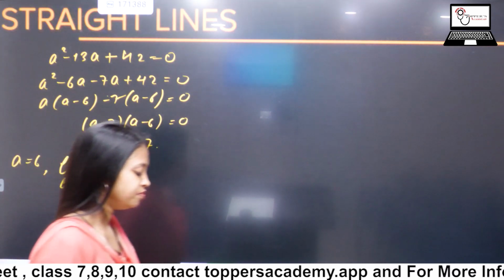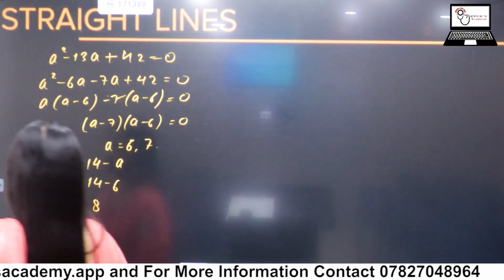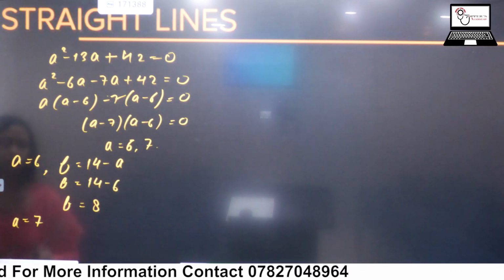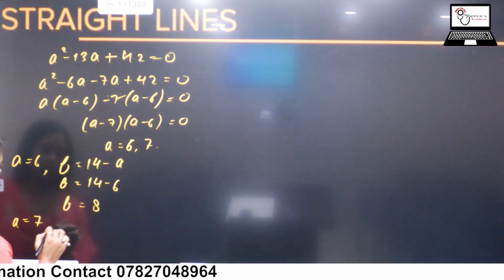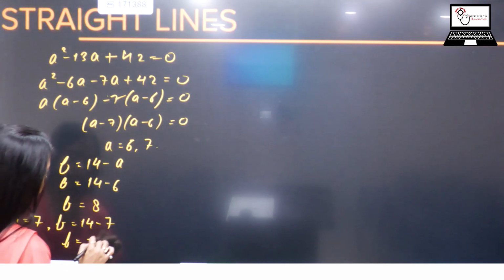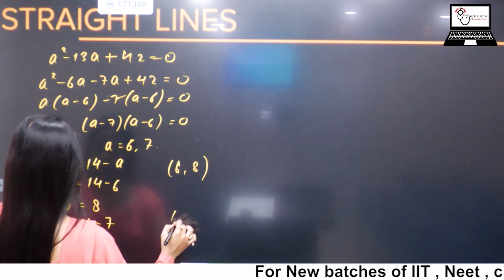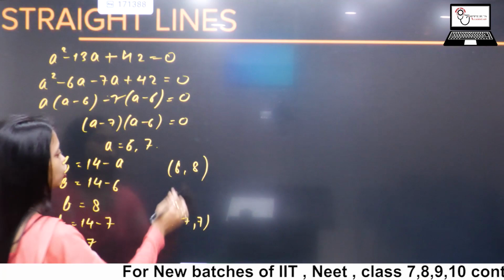Right? And for A equal to 7, B is equal to 14 minus 7, B is equal to 7. So we have 6 comma 8 and 7 comma 7 as two possibilities.